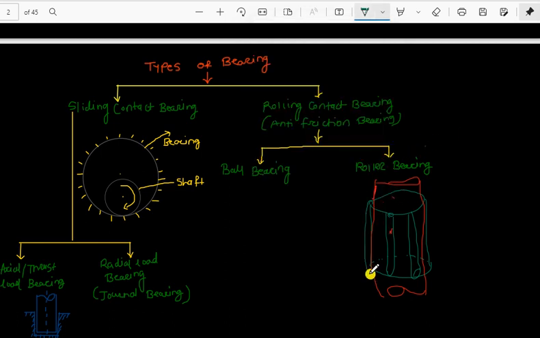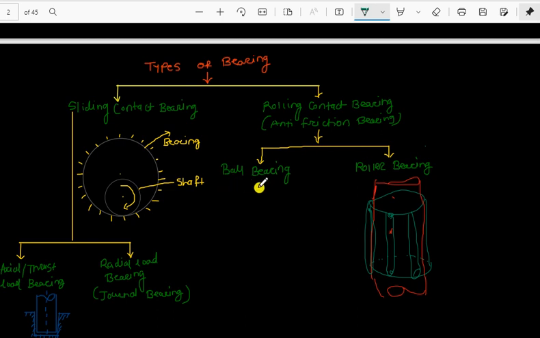Here is, let us say, another roller. All over the circumference there will be rollers. So these rollers will rotate freely in this cage, and this cage supports these rollers. So it will help to reduce friction and give a smooth rotation of the shaft.